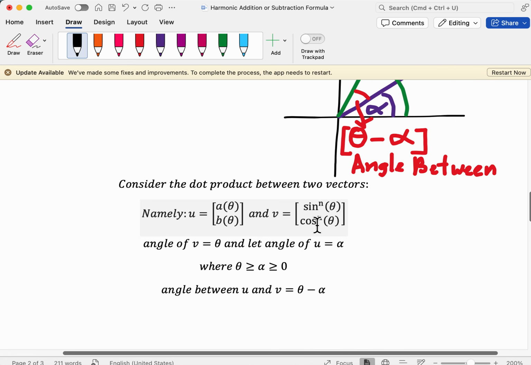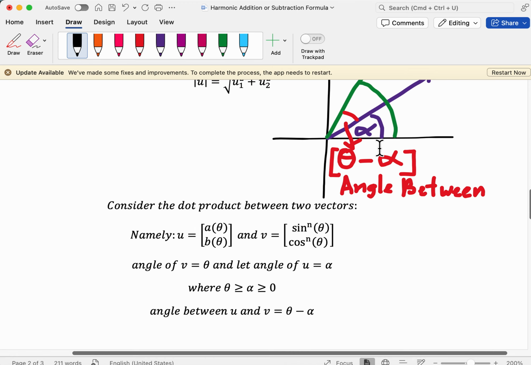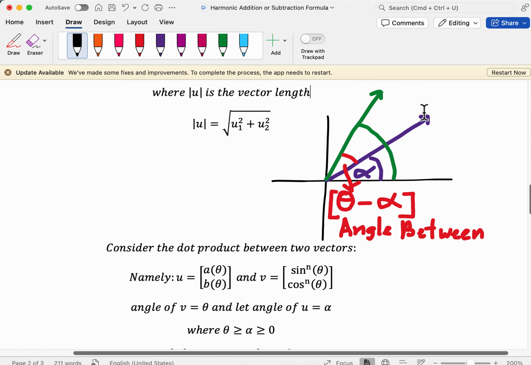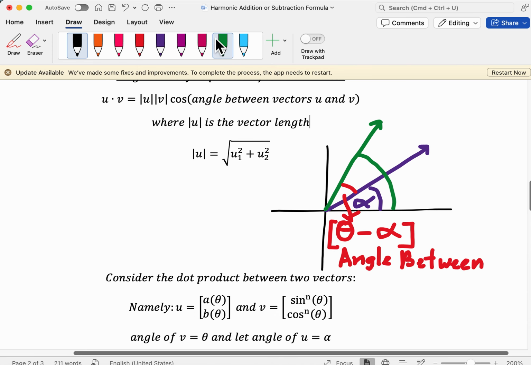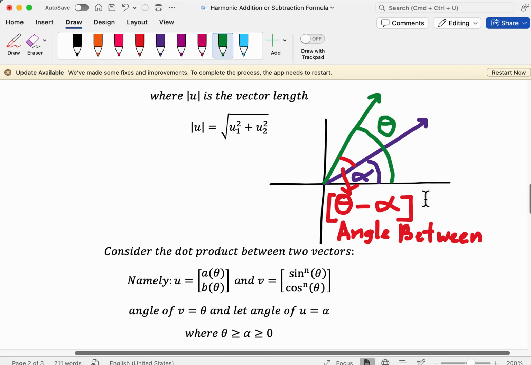Let's define alpha to be an angle greater than 0, and theta to be an angle that's bigger than alpha. Then alpha will be given by this purple subtended arc over here, whereas theta would be this green arc over here for this subtended angle. To find the angle between them, you subtract the greatest angle minus the smallest angle, which gives us this red quantity, theta minus alpha.